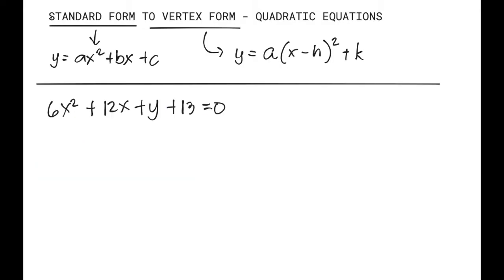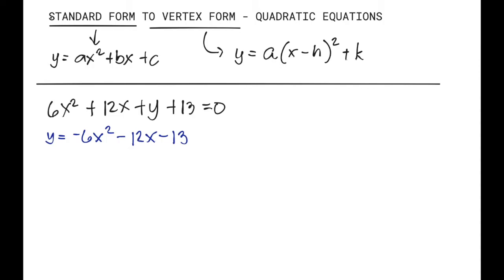Our last example is 6x squared plus 12x plus y plus 13 equals 0. We need to express this in standard form, and that should be y equals negative 6x squared minus 12x minus 13.